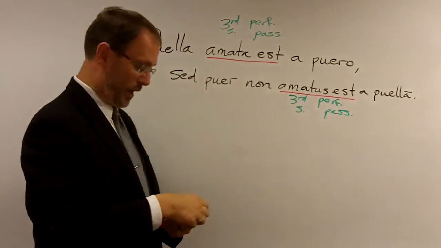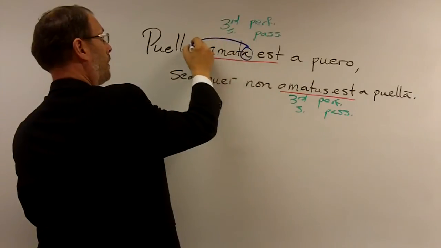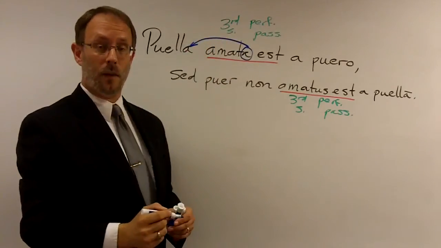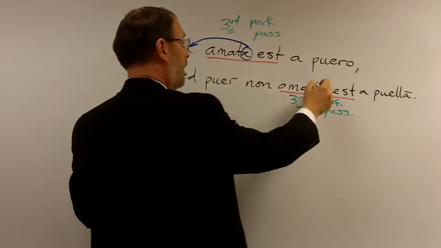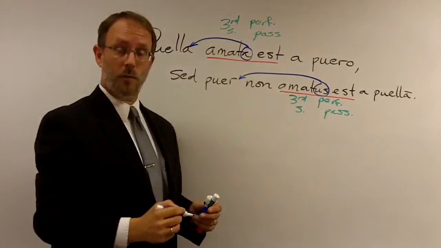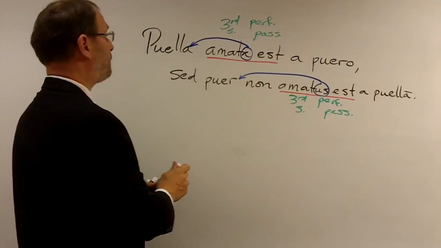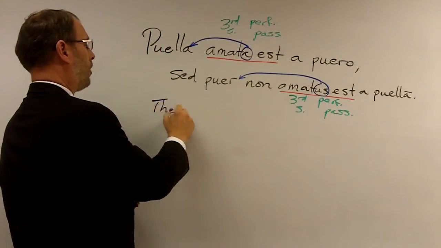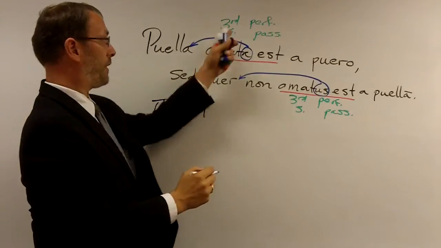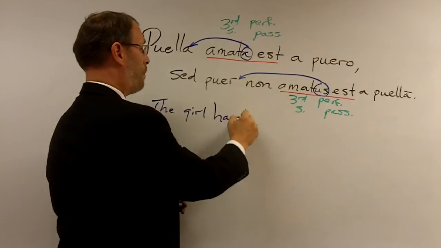Notice the only thing that has changed is that I've got amata here to go with my feminine subject, puella. I have amatus here to go with the masculine subject, puer. So let's see how this translates. The girl, perfect tense has, helping word for passive voice, been.